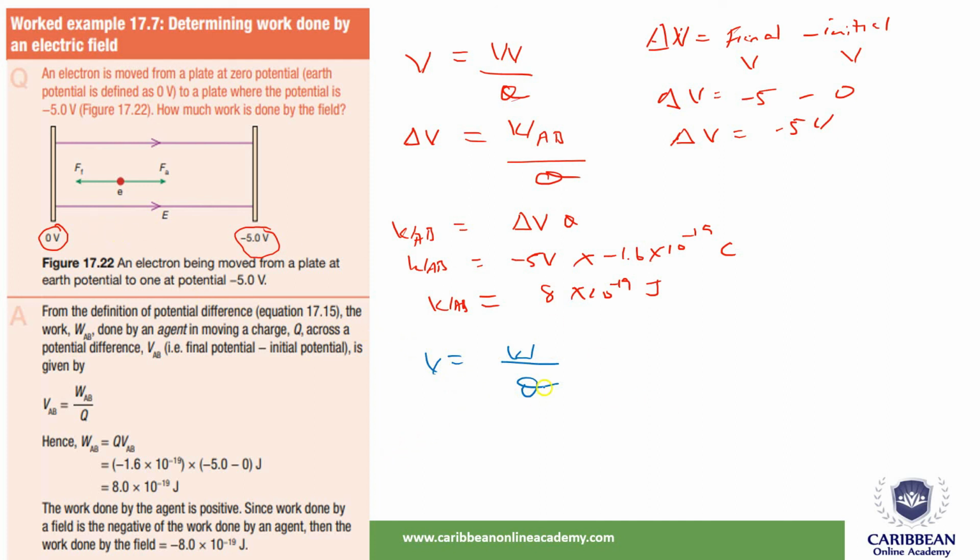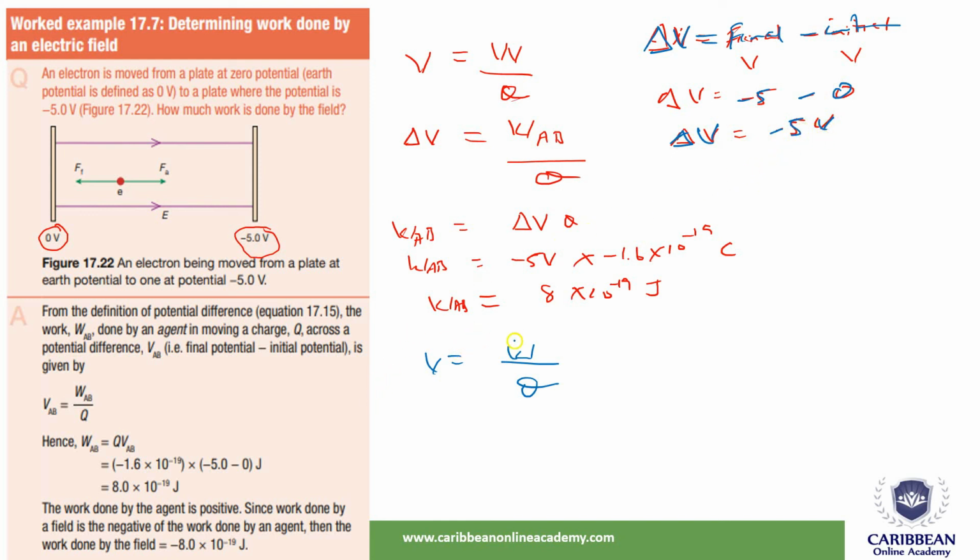So once there's a potential difference, then you have to factor that into your situation. The change in potential is your final potential minus your initial potential. Because our final potential is -5, minus your initial, we can see that our potential difference, delta V, is going to be -5 volts.